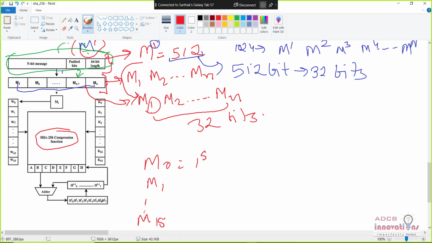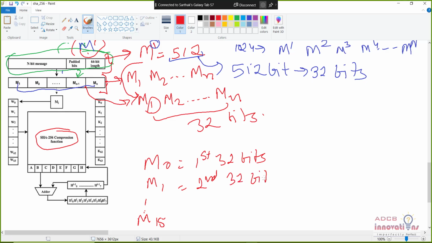Here it is the first 32 bits, here it is the second 32 bits, up till the 15th 32 bits. That will make the 32 bit length. So this is how it is going to be split.